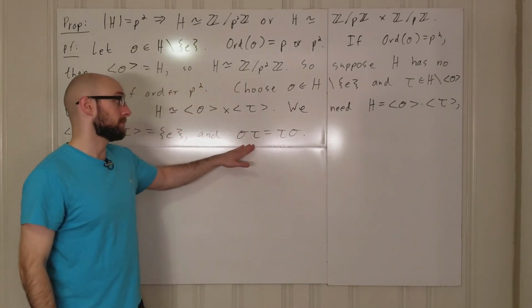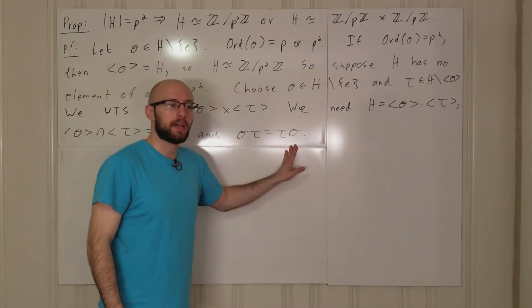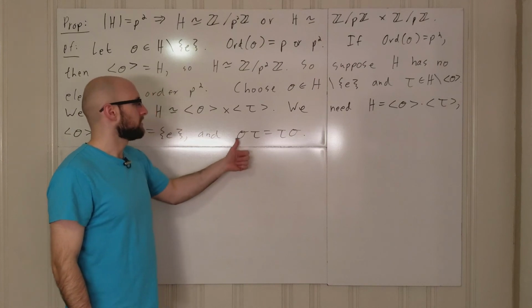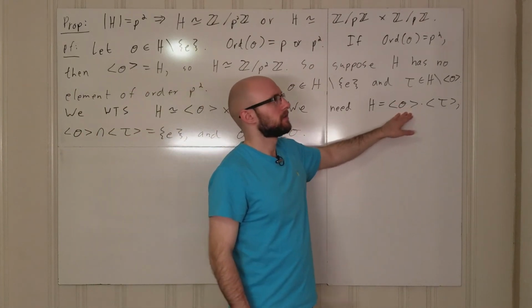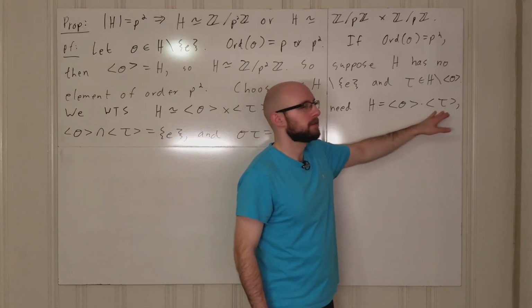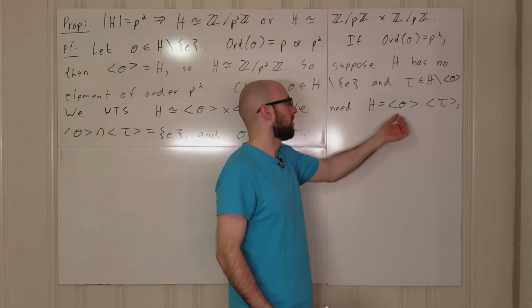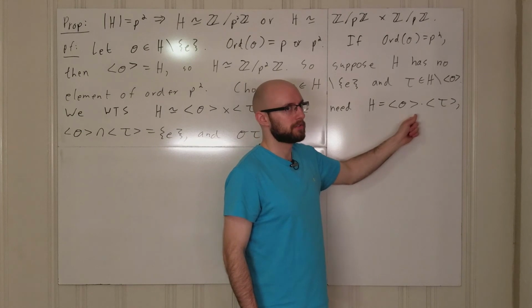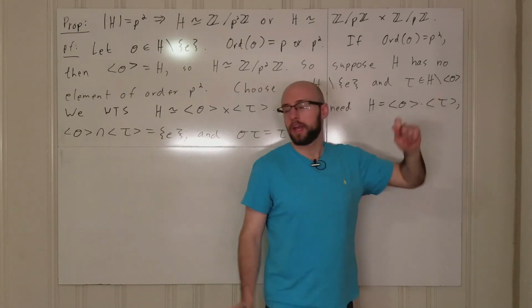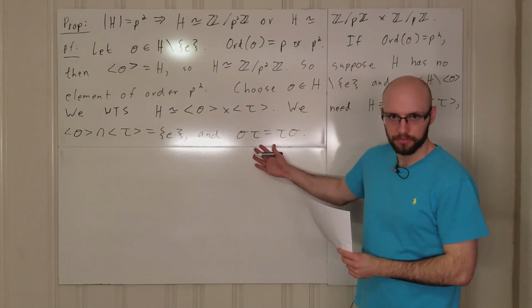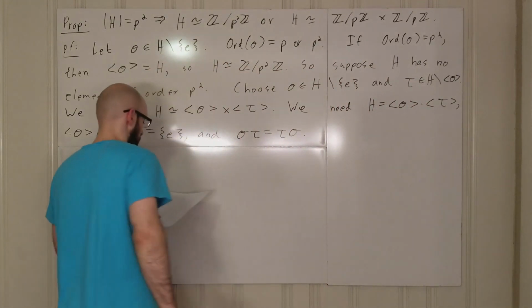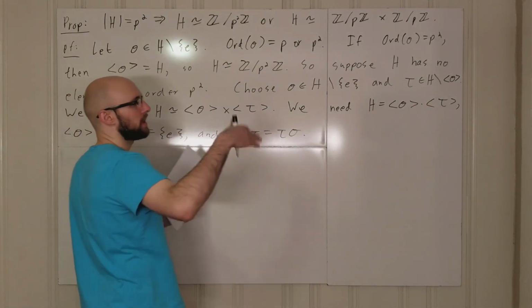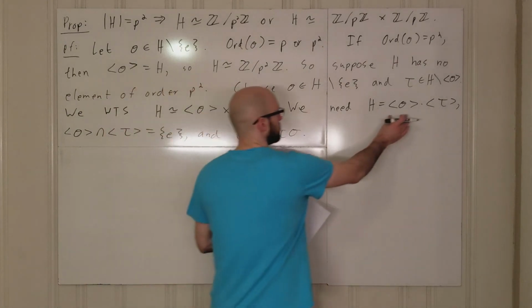If sigma tau equals tau sigma, then the generator of this subgroup commutes with the generator of that subgroup, and so all elements of this subgroup commute with all elements of that subgroup. This actually is enough to prove normality. I'm not going to write all that out, but it's important to keep in mind that this merely implies the commutativity of these two subgroups.